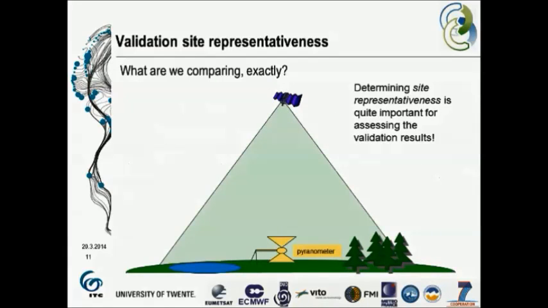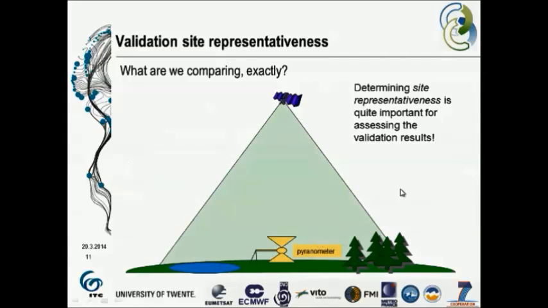Now then, to the validation site representativeness. Our pyranometer here is registering the incoming radiation and the reflected radiation above this nice little spot of grass. But what the satellite is detecting is that there is also some forest here and a lake here.